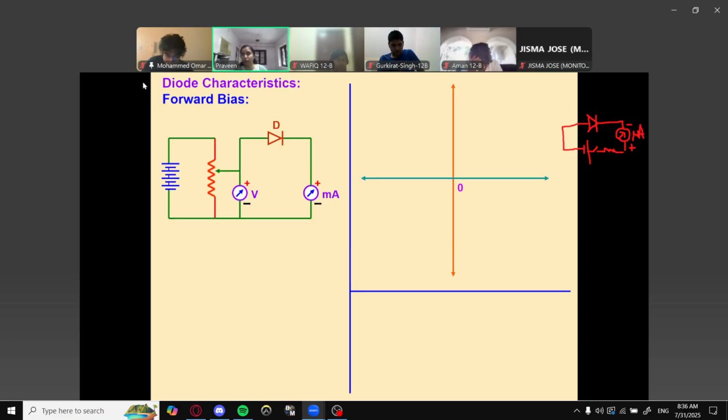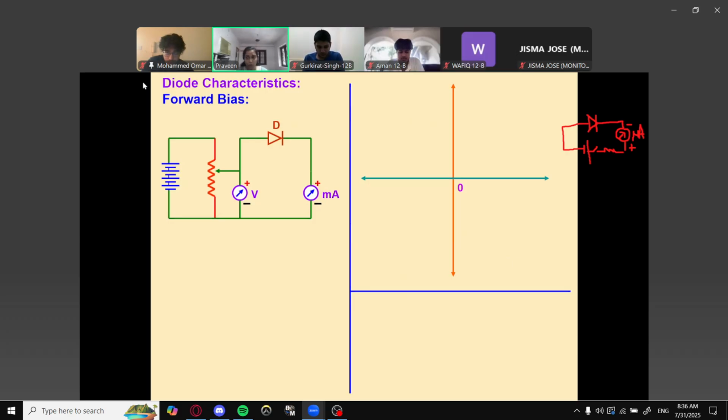Characteristics means we are finding out how the voltage and current are related, how they are varying. So the variation of current flowing through a junction with an applied voltage across it is called the VI characteristics of a diode. So the heading can be VI characteristics of a PN junction diode.